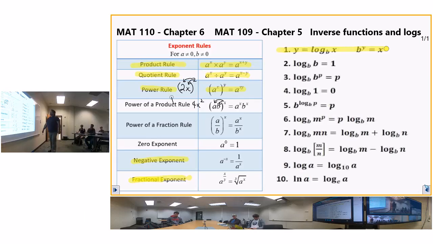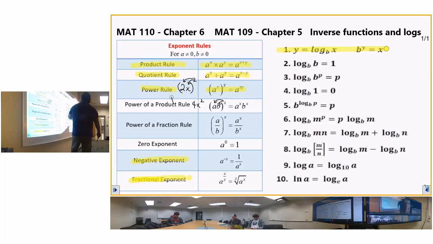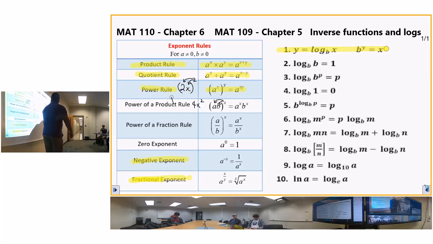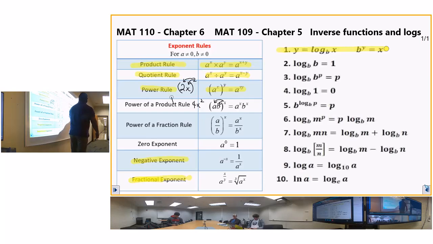These are all numerical, meaning that if the base and the number are the same, it's equal to 1. The logarithm of 1, in any base, is what? 0. And then you have several of these.